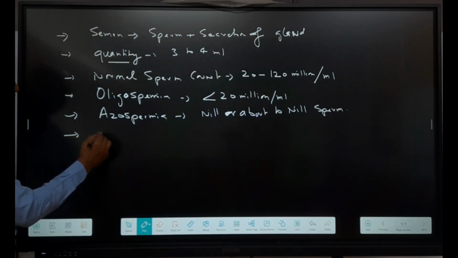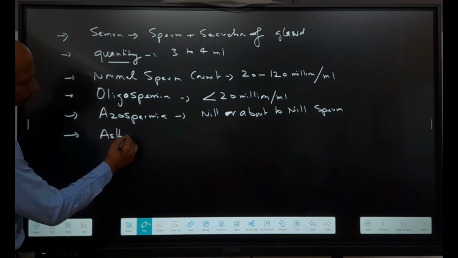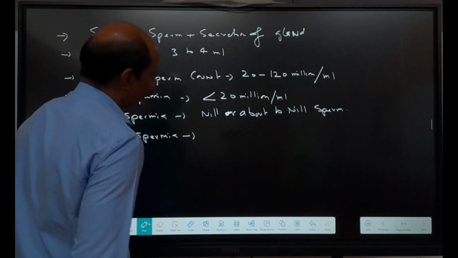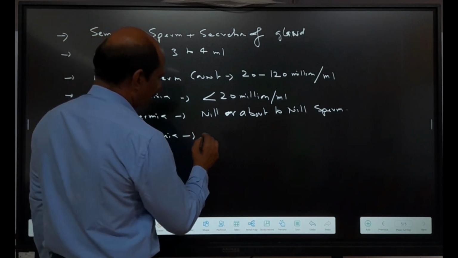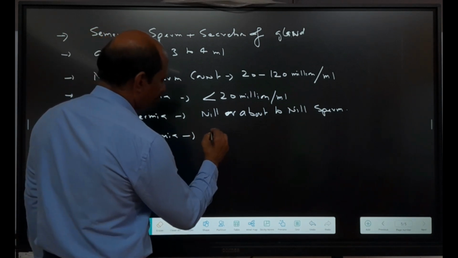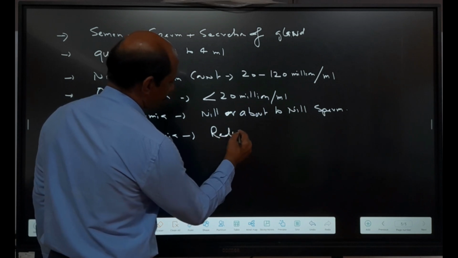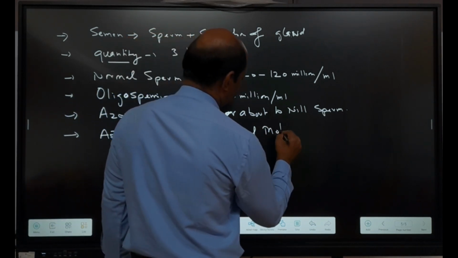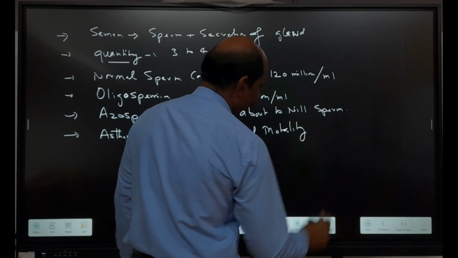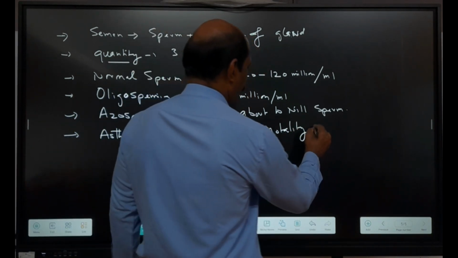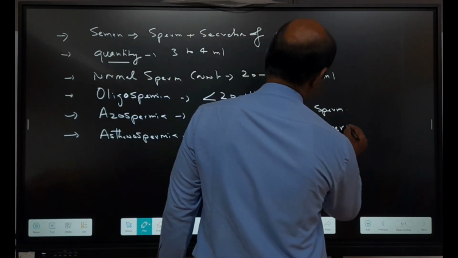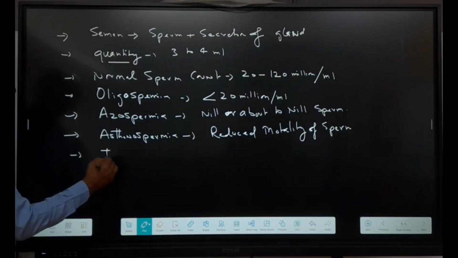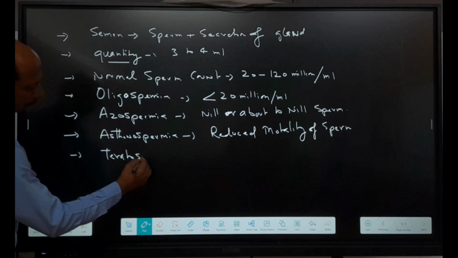Another one is asthenospermia. These are terms which you use here. Asthenospermia means what? Here the motility is reduced. Motility means movement, reduced movement or motility of sperms, right? And another one is teratospermia.